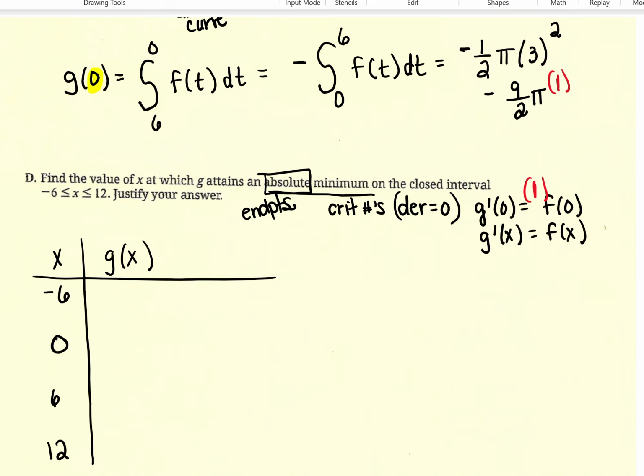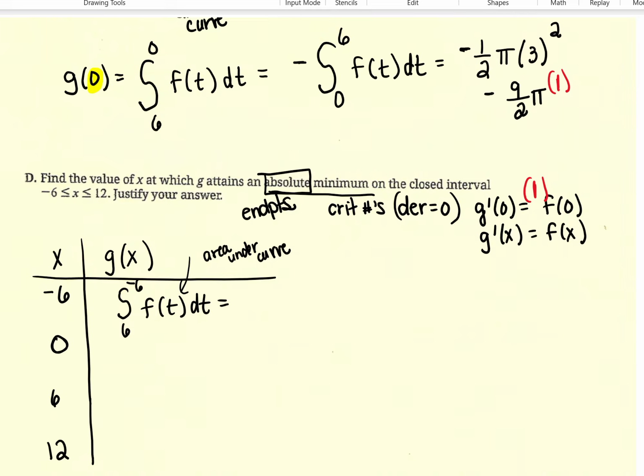So again, recall that we have g of x equals the integral of f of t dt, going from 6 to x, but we're going to put a -6 up there. We're going to look at the area under the curve, because remember, integral is area under the curve.